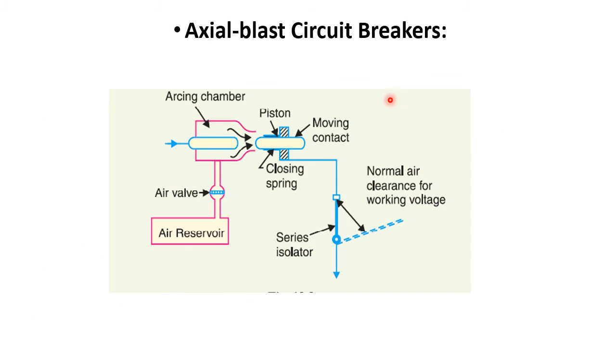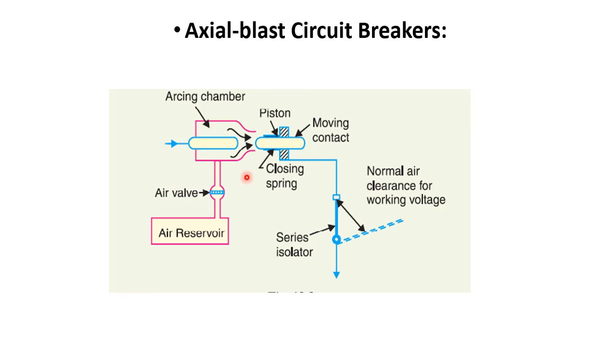Now we look at the axial blast circuit breaker. The figure shows the essential components of a typical axial blast circuit breaker. There are fixed and moving contacts which are held in a closed position by spring pressure. The air reservoir, which is over here, is connected to the arcing chamber by an air valve.